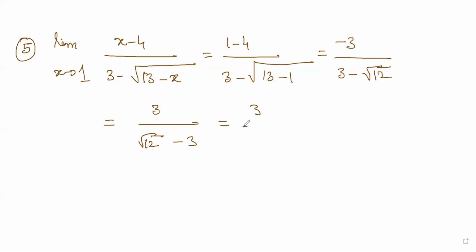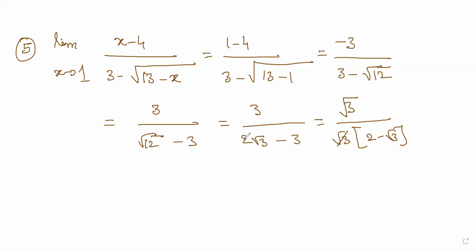Further, we can write root 12 as 2 root 3, so 3 divided by (2 root 3 minus 3). Again, you can take root 3 as common, so you write (2 minus root 3) over here, and you have root 3 outside.